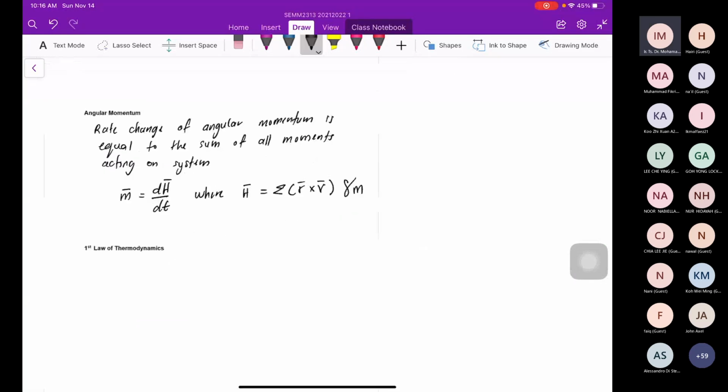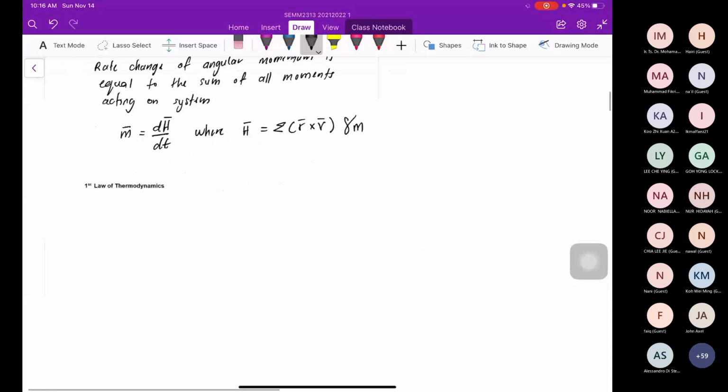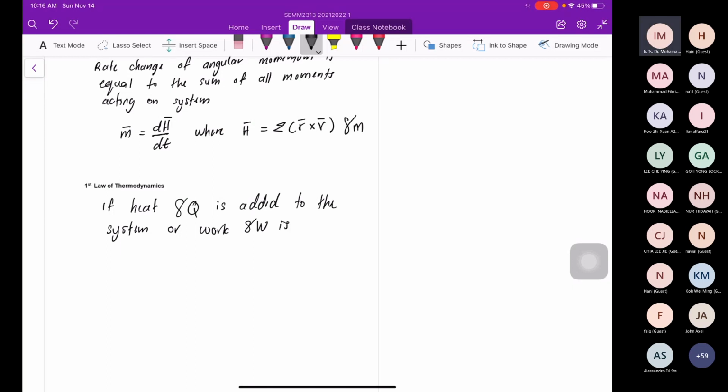And then the first law of thermodynamics. The first law of thermodynamics: if heat Q is added to the system, or work is done by the system, dE must change accordingly.